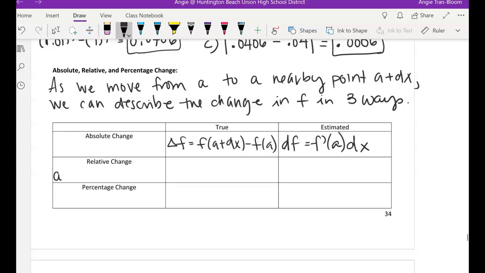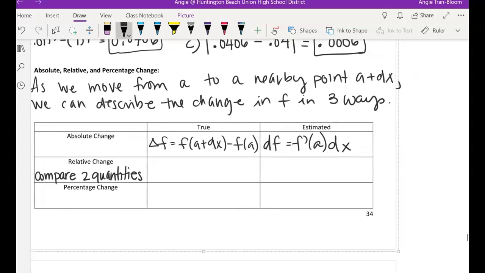Relative change is pretty much talking about comparing two quantities. So for the true, we have the change in f divided by f of a. Over here, we have df divided by f of a.